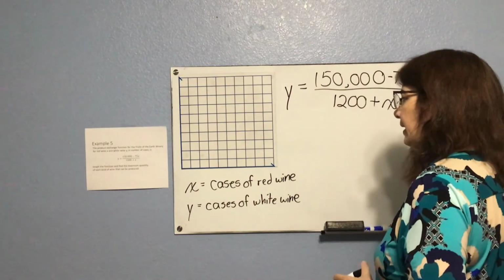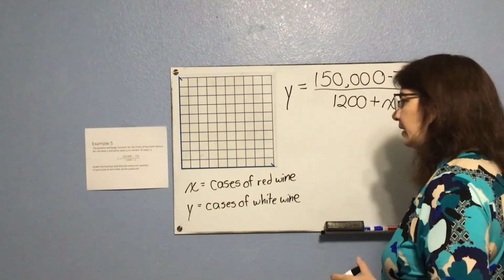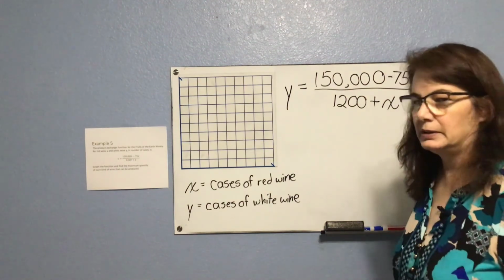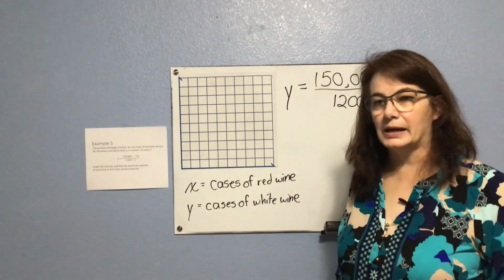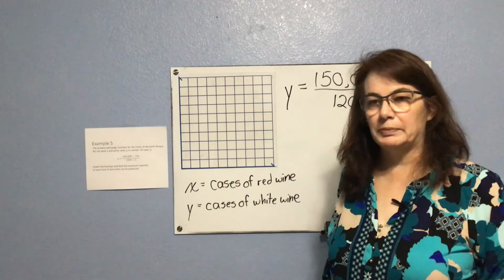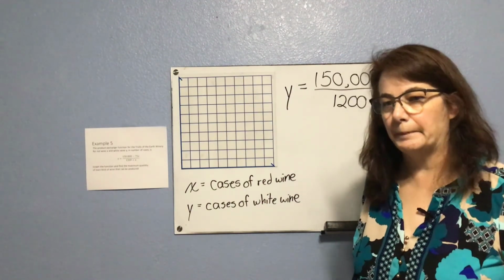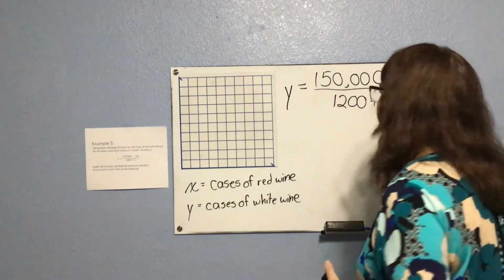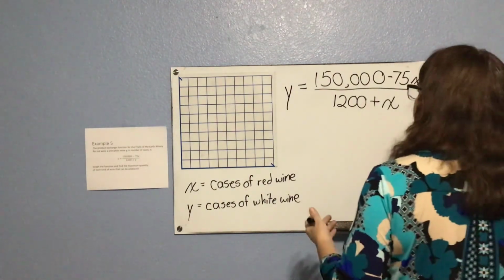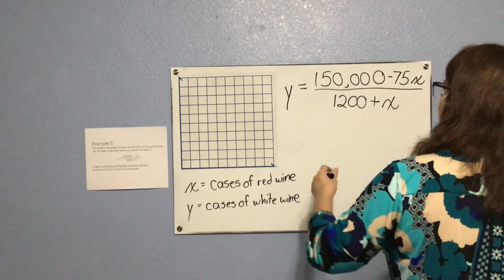Okay, I want to find the maximum quantity of each kind of wine that can be produced. So we're going to get the maximum quantity if I only produce one item, devote all my resources to one item or the other. So let's say I want to produce all red wine.